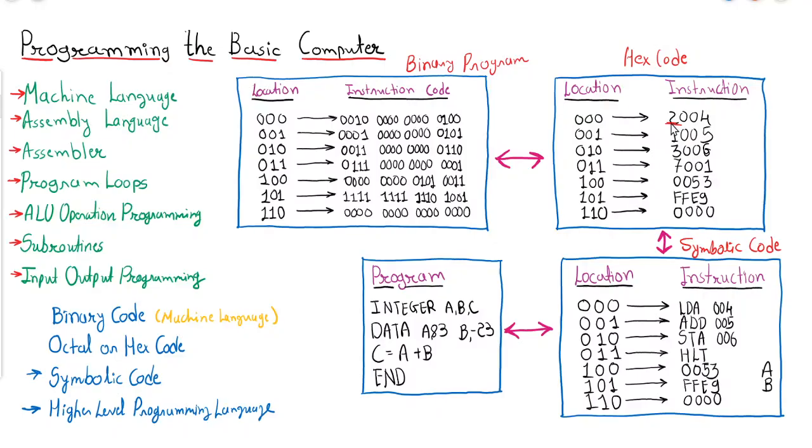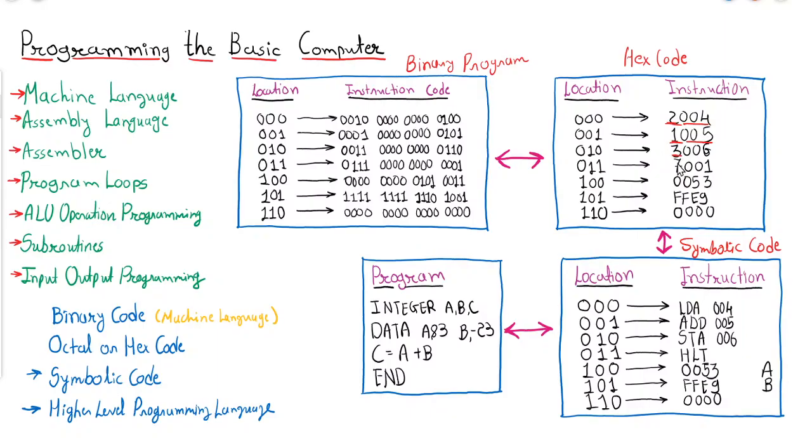So these represent the LDA, load accumulator, a memory reference instruction. So LDA, and then the remaining 12 bits will represent the address. So LDA 004. Then 1 represents add, and 005 represents the address. So add 005.